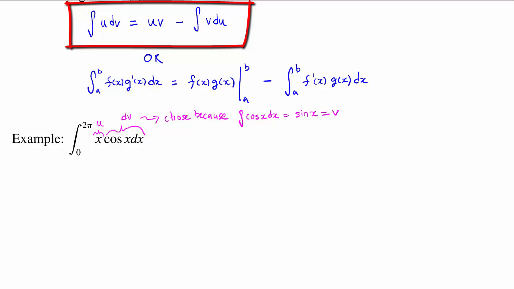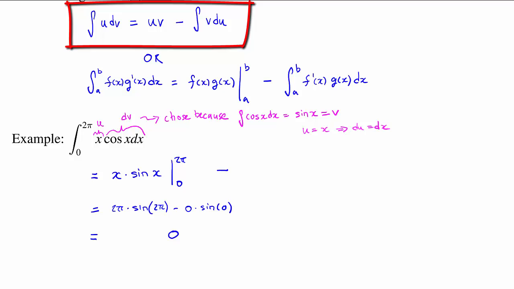Now we can just apply the formula, so we could just write out uv, which is x sine x, evaluate that positively at the upper limit, which is 2 pi, and negatively at the lower one. But in both cases, sine is 0, and so we're just going to get 0. And then we subtract off the other part, which is v du. Well, v we figured out is sine x, and u is x, so du is just dx.